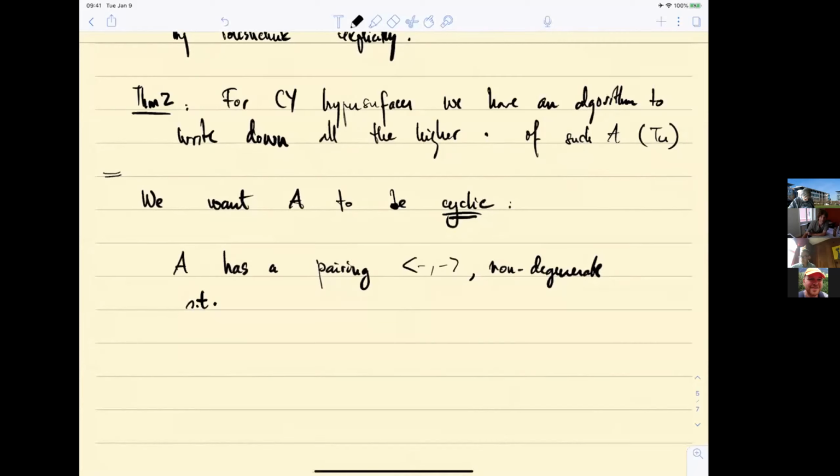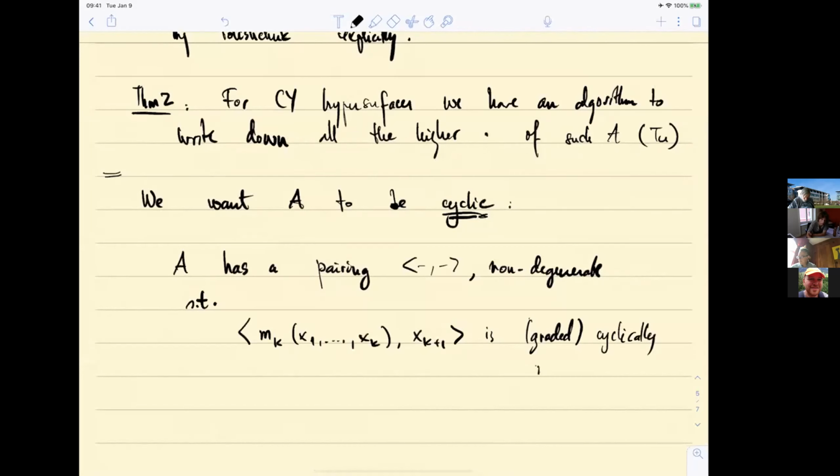Thank you. So let me now state the definition of what cyclic means. I want my algebra A to have a pairing that's non-degenerate and such that the following property holds: mk of x1 up to xk paired with xk+1 is graded cyclically invariant.